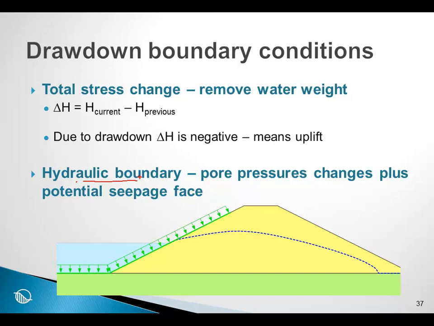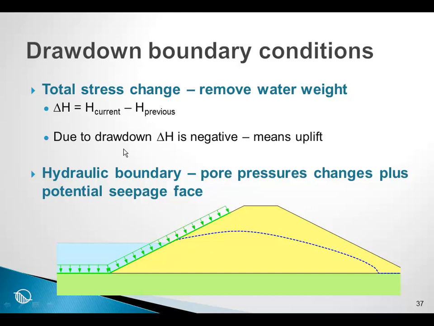But above the reservoir level, there could still be a seepage phase here, and so we have to make sure that we tell SIGMA/W to check for the possibility of a seepage phase.